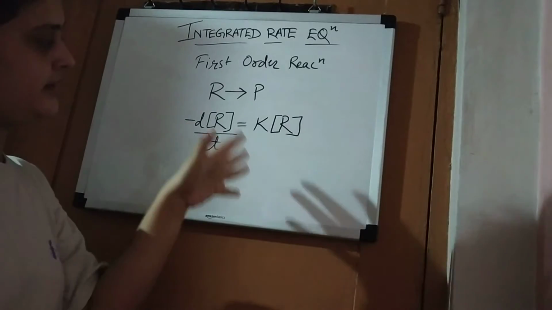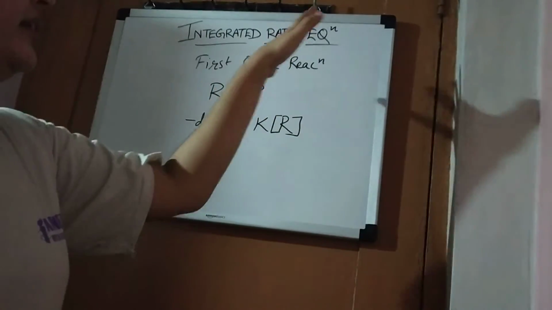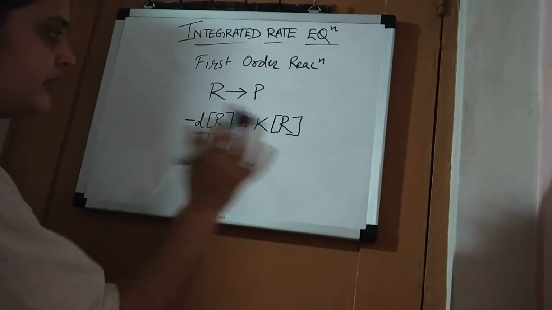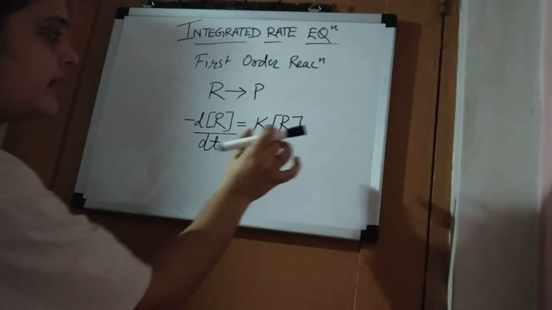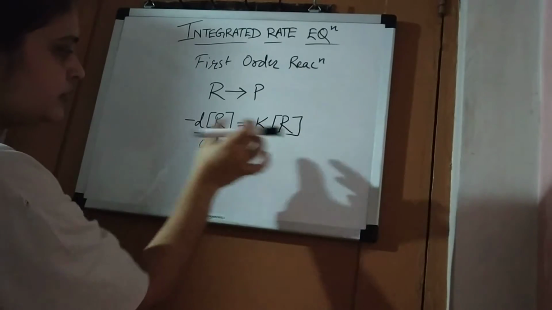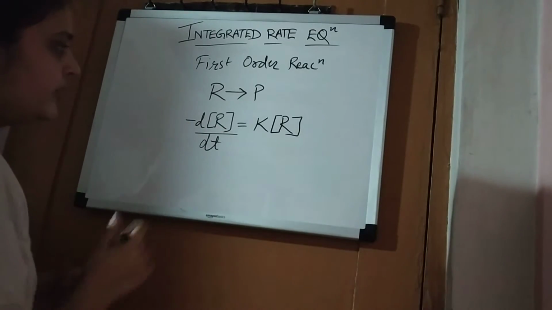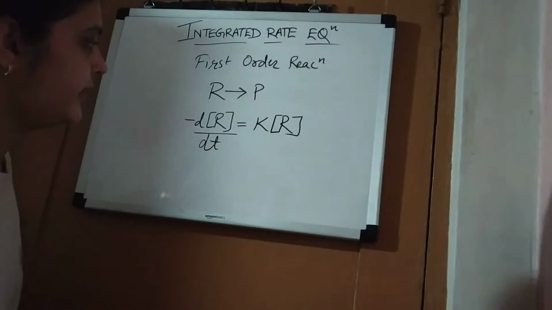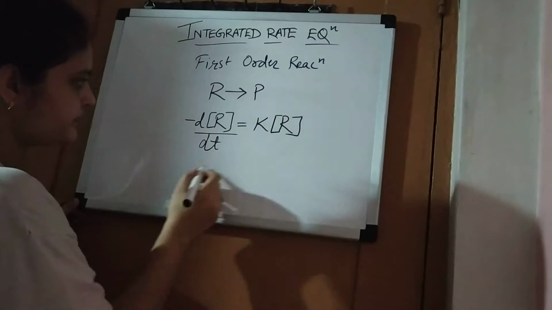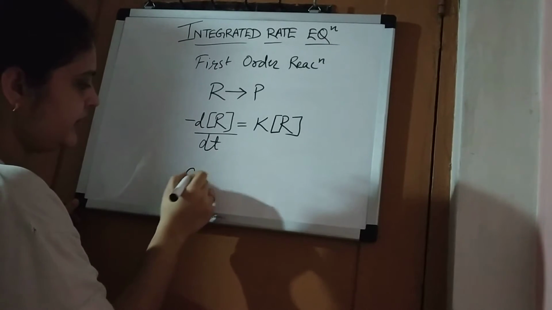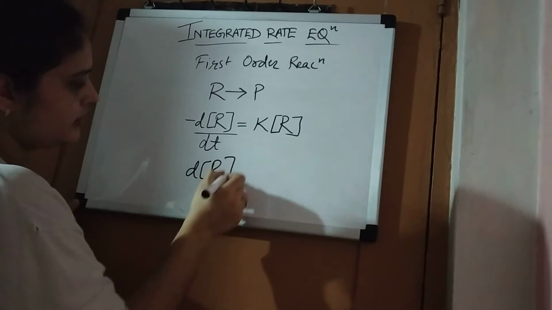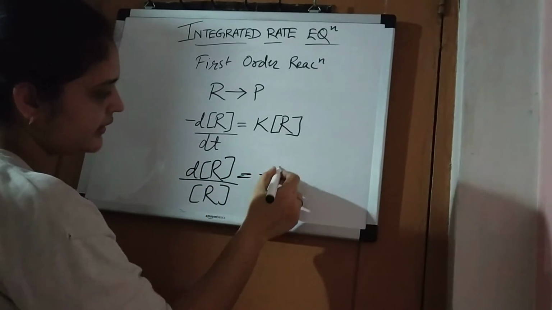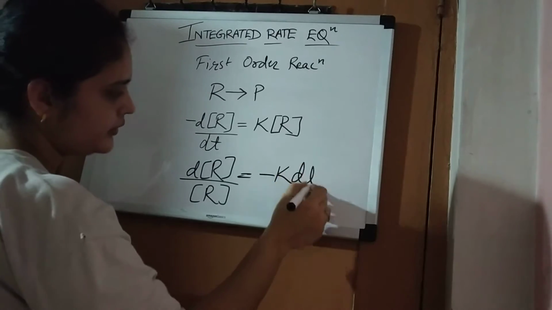Now we just have to integrate this to find the integrated rate equation for first order reaction. For integrating we consider the same type of terms on the same side. So we'll write R in the denominator and dt in the numerator on the right side. So dR upon R will be equal to minus k dt, right?